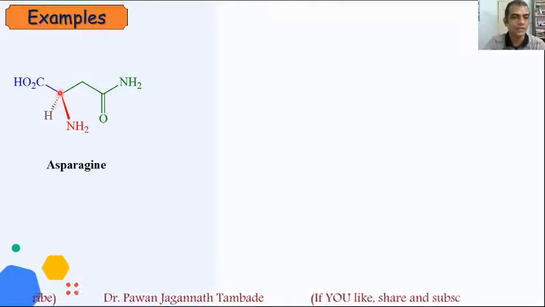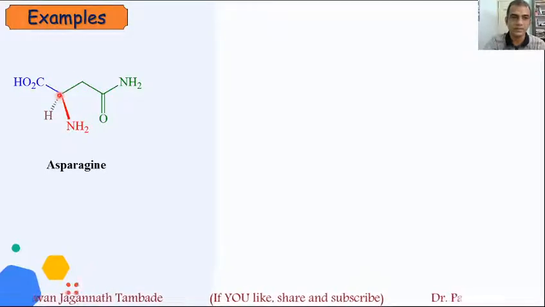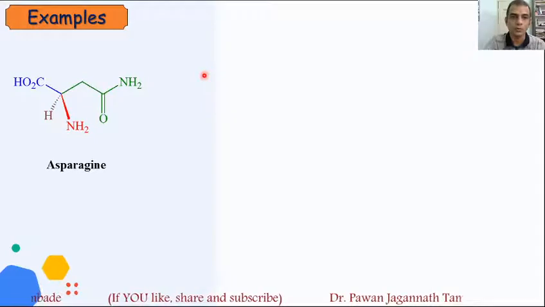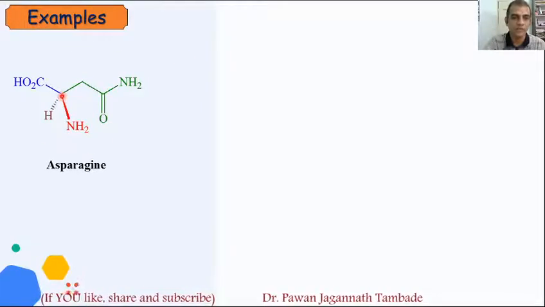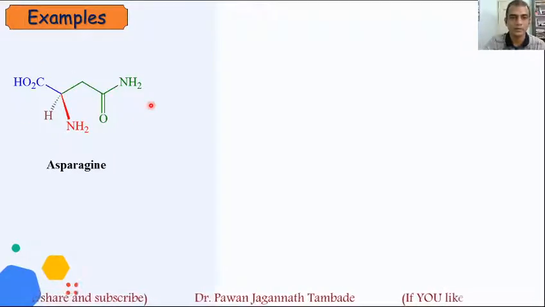If you look, this carbon atom is attached to 4 different atoms or groups which are shown by 4 different colors. This carbon is attached to NH2, hydrogen, COOH and this CH2CONH2 group. So first of all, we need to find out this chiral center, then we need to assign priority.